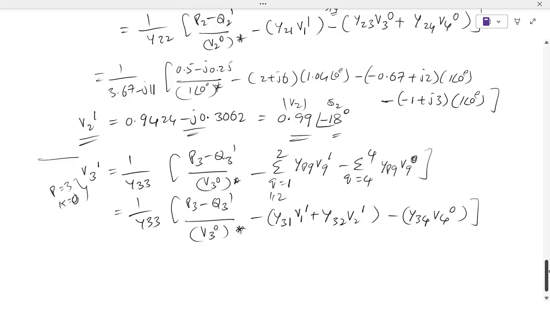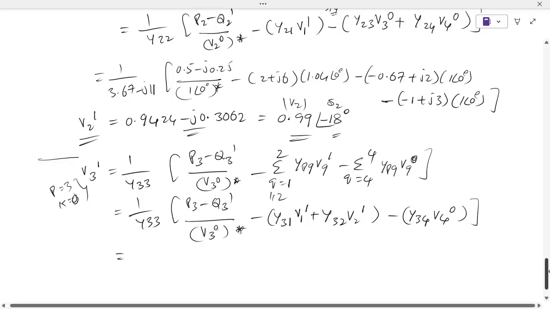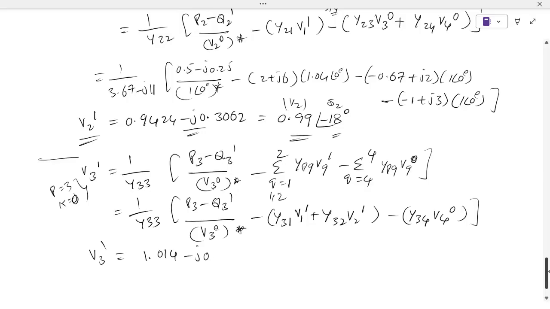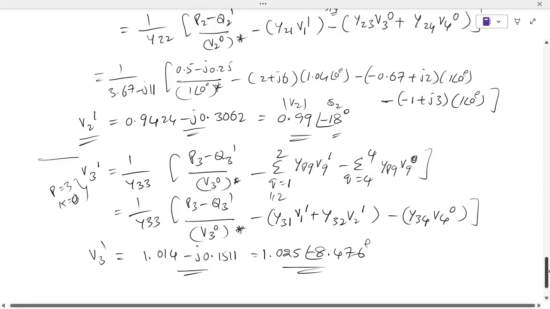Now after substituting all the values we will get this V3(1) value as 1.014 minus j0.1511, that is equal to 1.025 at an angle minus 8.476 degrees. This is the rectangular form and the polar form for V3.